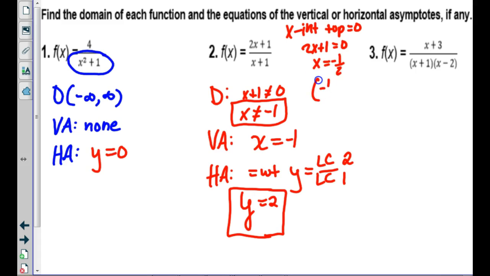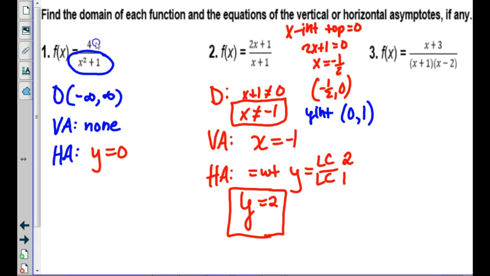So that's -1/2, comma 0 is the x-intercept. The y-intercept is when you plug in a 0. So if I plug in a 0 up here, I just get what? 1, and on the bottom I get 1, so it has a y-intercept of 1.